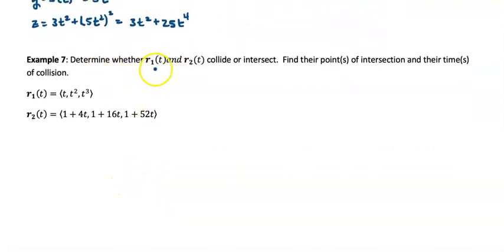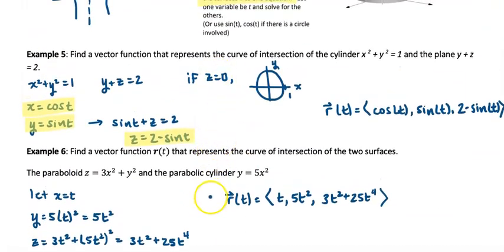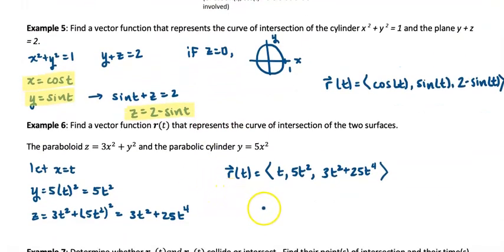We want to find where r1 and r2 collide or intersect. We want to find those points of intersection and their time of collision. So now we're talking about some vectors. In these previous two problems, we were talking about this curve of intersection of two surfaces. So surfaces are going to be solid.